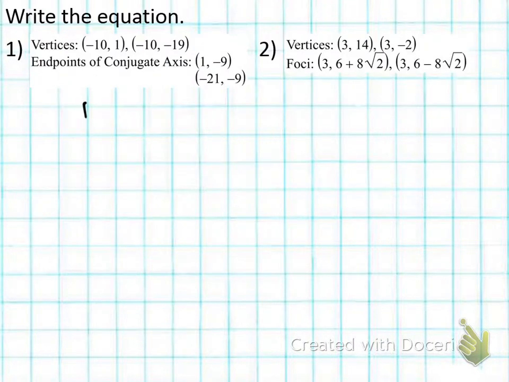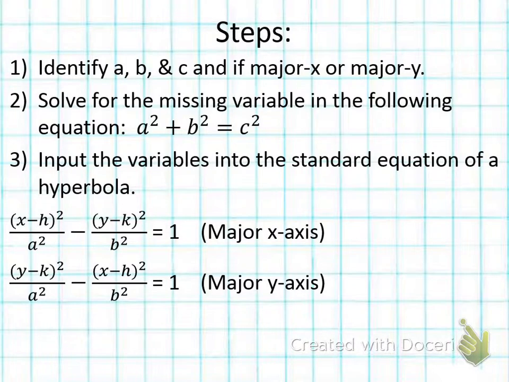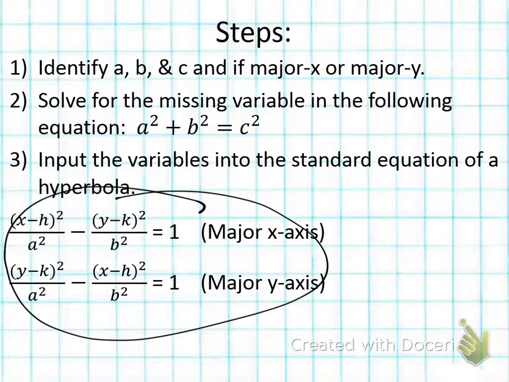All right. And if you look at the last answer, only three things you need to know are h and k, which is your center, a squared, and b squared. So if you know all three things, then you can write one of these equations, okay?